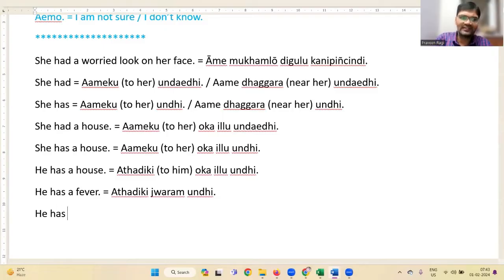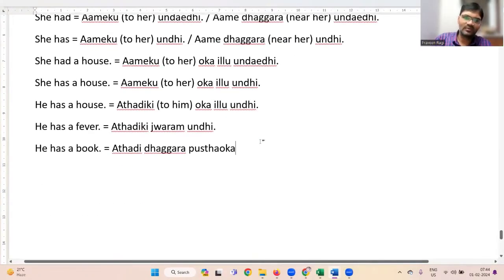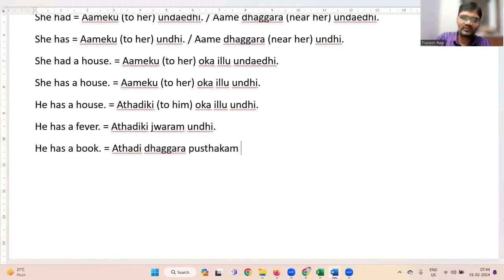Then he has a book. Atadi deggara pustakam undi. Here atadiki is also fine, not a problem. Atadiki or atadi deggara.